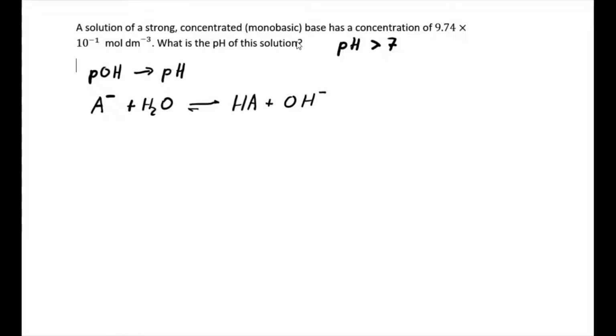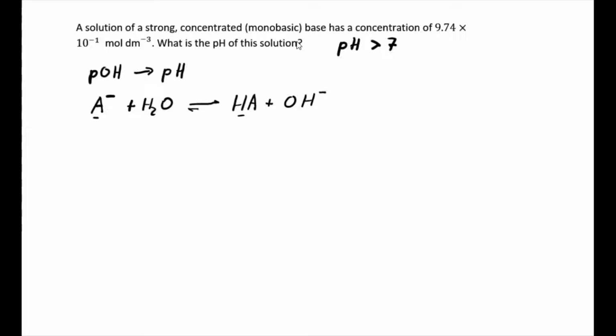Now, that would be the scheme, and you noticed I wrote this with a very uneven equilibrium, which basically means that almost all of the base that I have at the beginning will be converted into the conjugate acid.